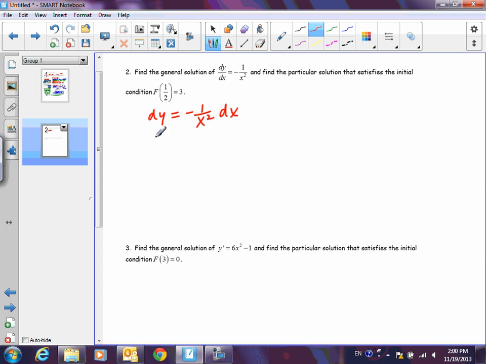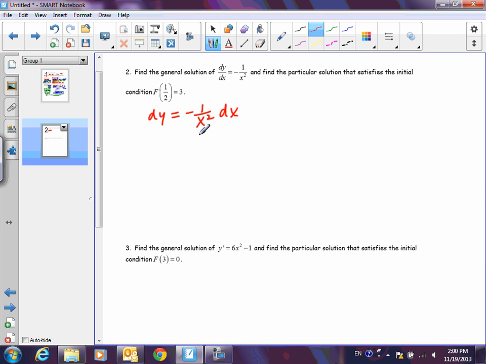I have the y's on the left, I have the x's on the right. For now, the y's on the left is pretty much always going to mean dy, but that's not true for all problems that will ever exist. But I'm just setting us up for being able to do problems in the future.